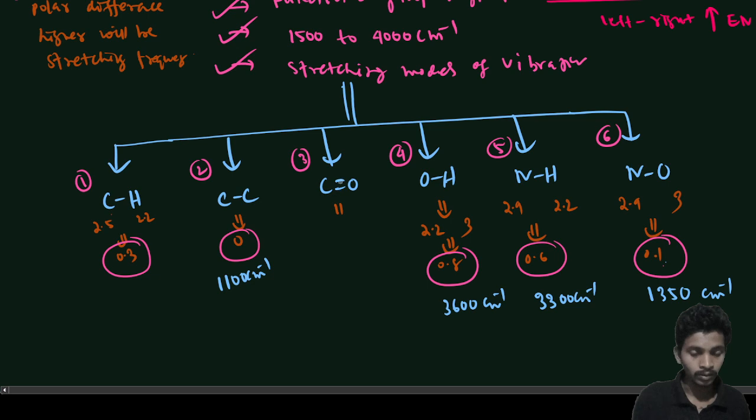Okay, so let's say this carbon is 2.5 and oxygen is how much you're taking, that 3. Oxygen is we are talking about a 3, then its polar difference is 0.5.